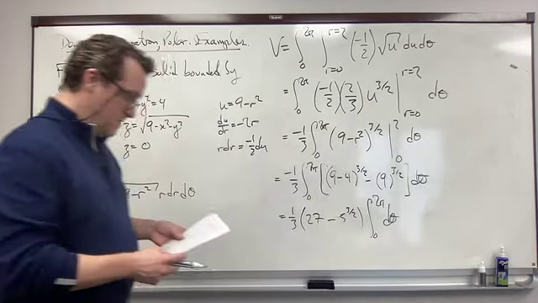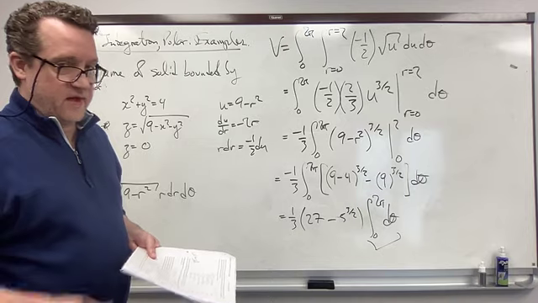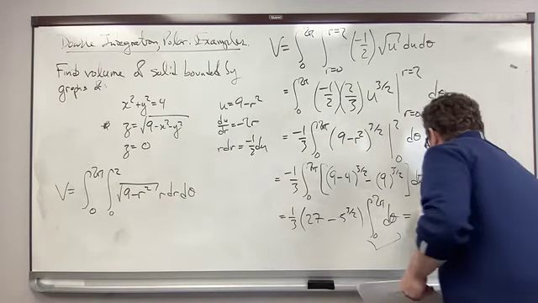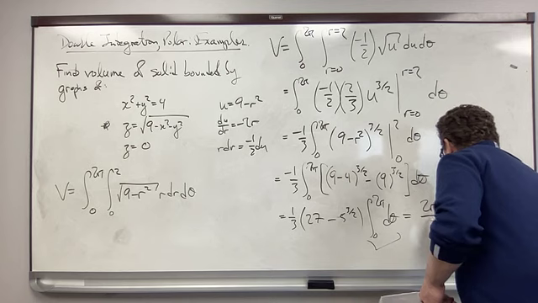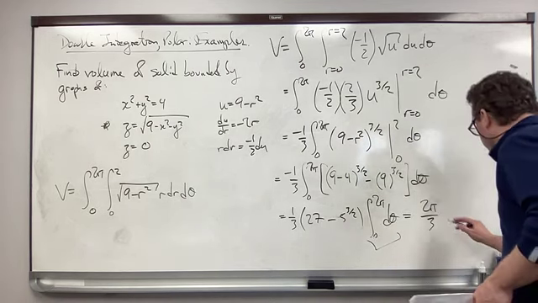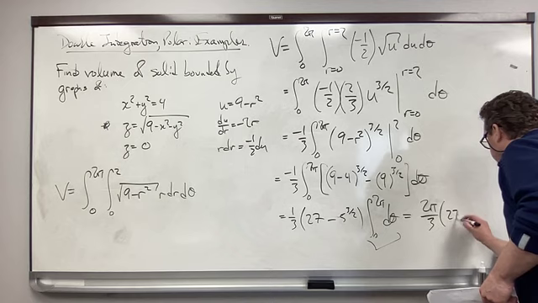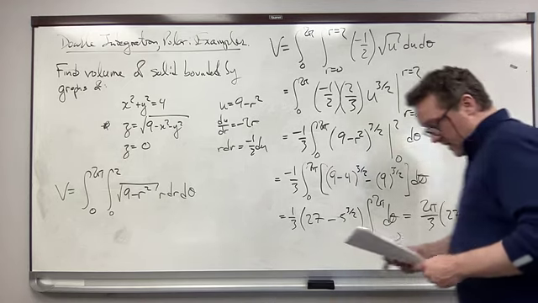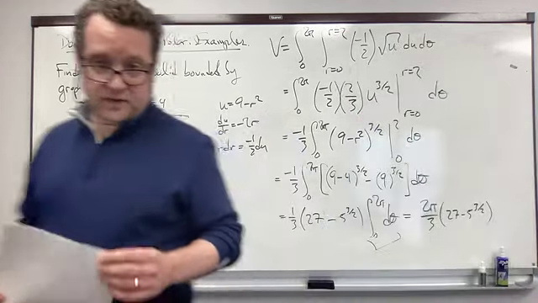And so this thing here, right, just d theta from 0 to 2 pi, that whole thing is just 2 pi. So this whole integral then becomes 2 pi over 3, because this here is just 2 pi, so that goes there. 27 minus 5 to the 3 over 2. And that's the answer. Okay, it's kind of a goofy answer.